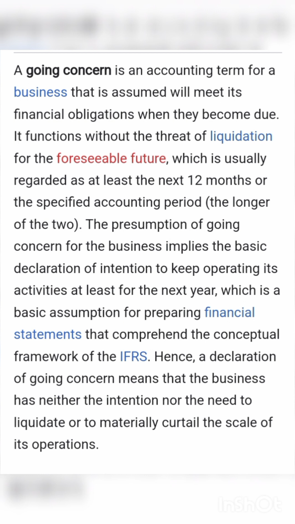Hence, a declaration of going concern means that the business has neither the intention nor the need to liquidate or to materially curtail the scale of its operation.